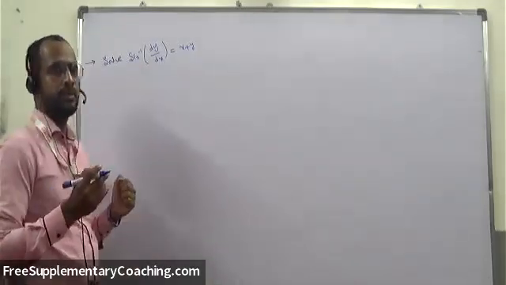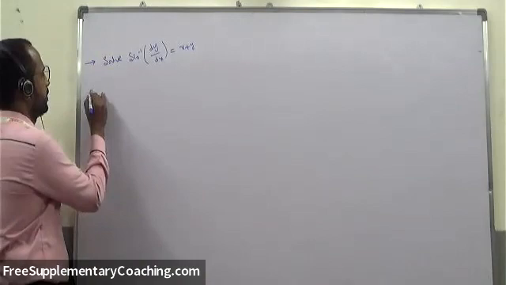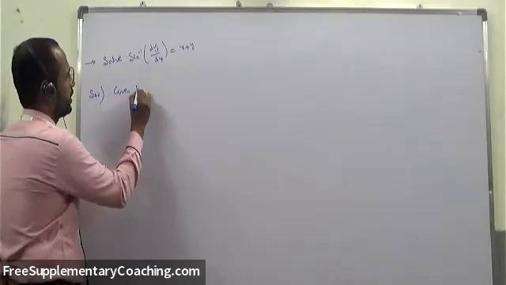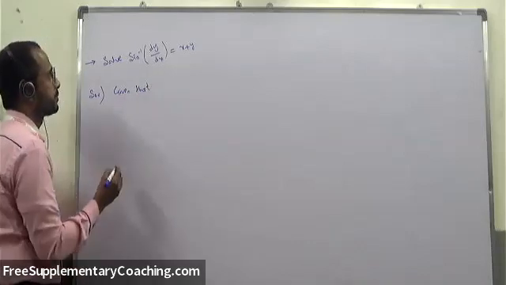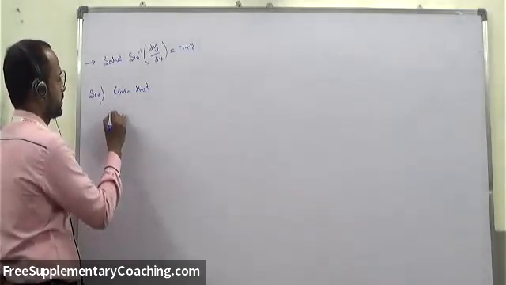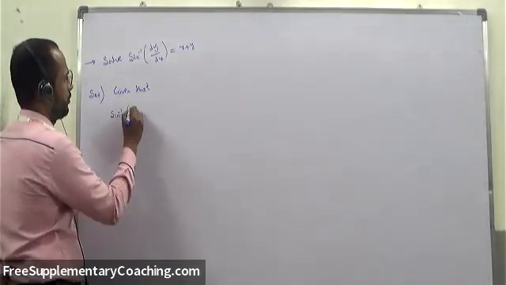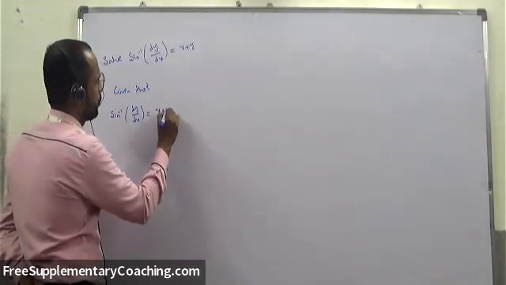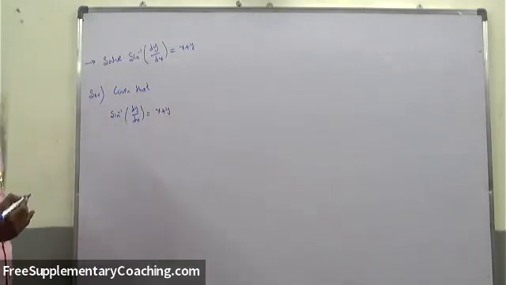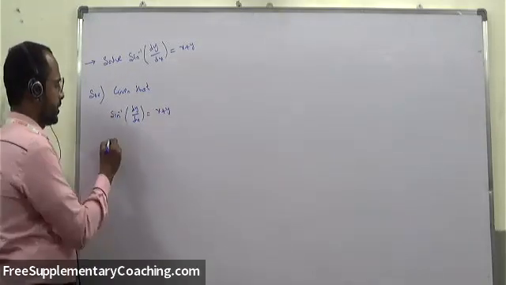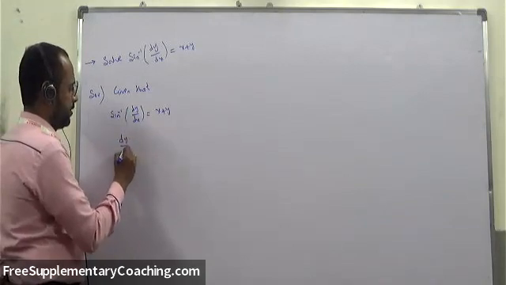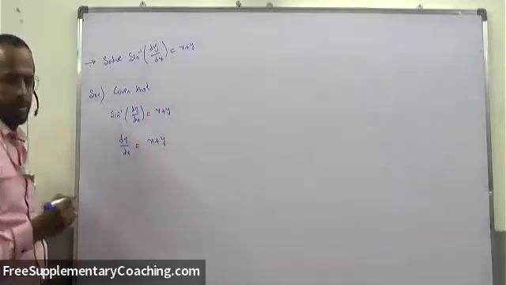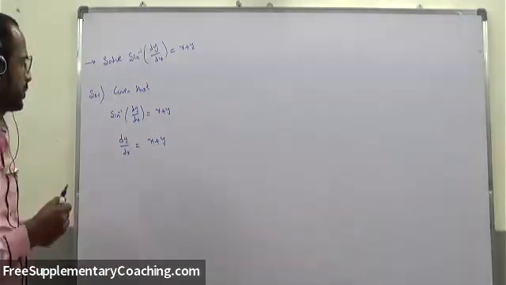How to solve? See here, the first step, solution. Given that, sine inverse of dy by dx is equal to x plus y. Now I can write dy by dx is equal to sine of x plus y.